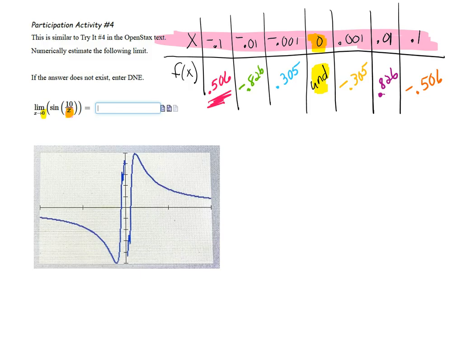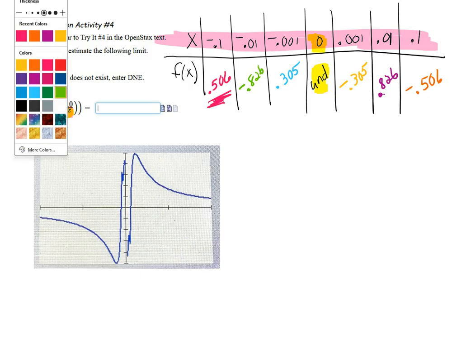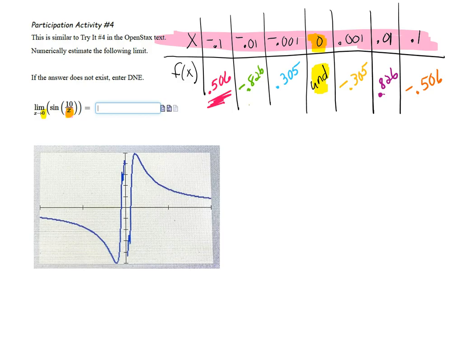When it's at negative 0.01, the y-coordinate is negative, so it's below the x-axis. Then you come to the next one at negative 0.001, and it's above the x-axis. It keeps alternating above and below and above and below. I don't think my graph is showing it accurately, though.